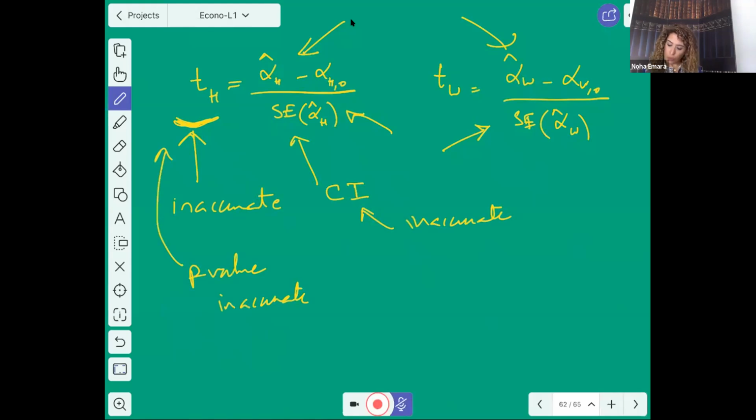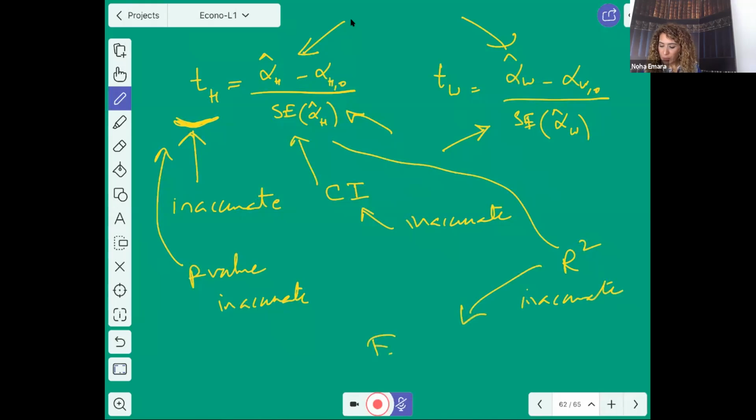This is used to compute the r square, then inaccurate. This is used to compute the F stat of the model, again inaccurate. So everything is going to be misleading. You're taking a model that is problematic, and out of this model, you're estimating it and getting more and more problems, more and more misleading results.